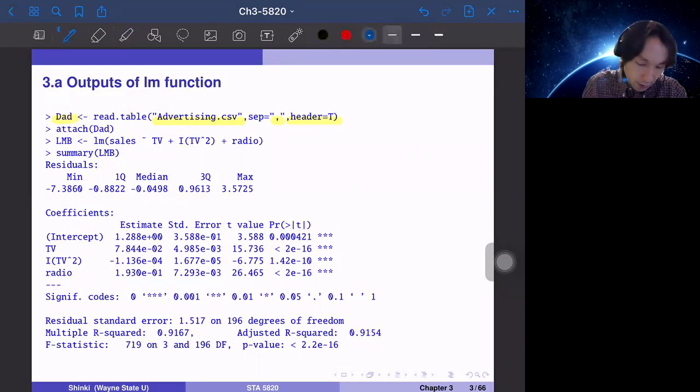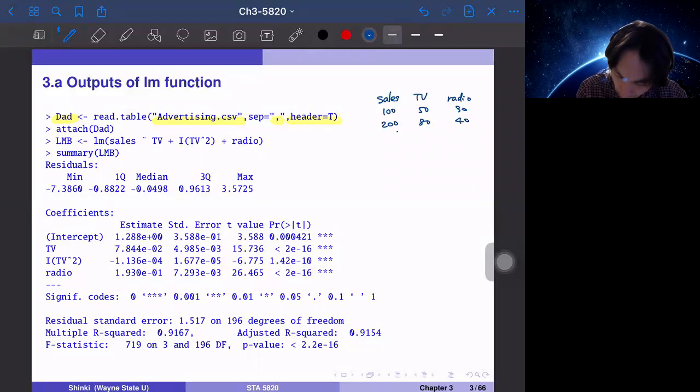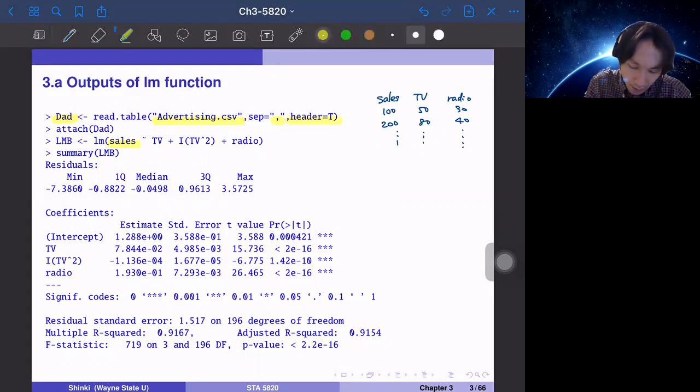The data for advertisement has at least 3 columns: sales, TV, and radio, with amounts such as 100 or 50 or 30 and so on. There may be a second line, 200, 80 and 40 and so on. So this is the ad data set. Then we regress sales on TV, TV squared, and radio.